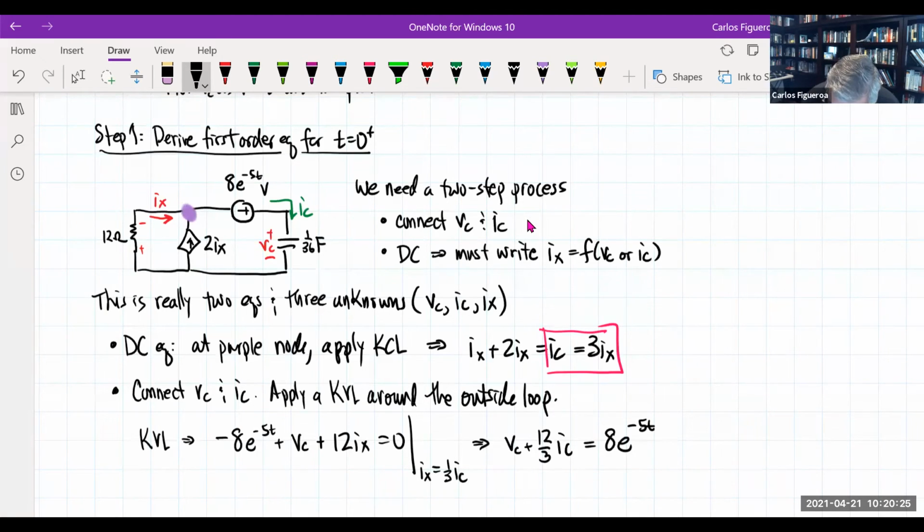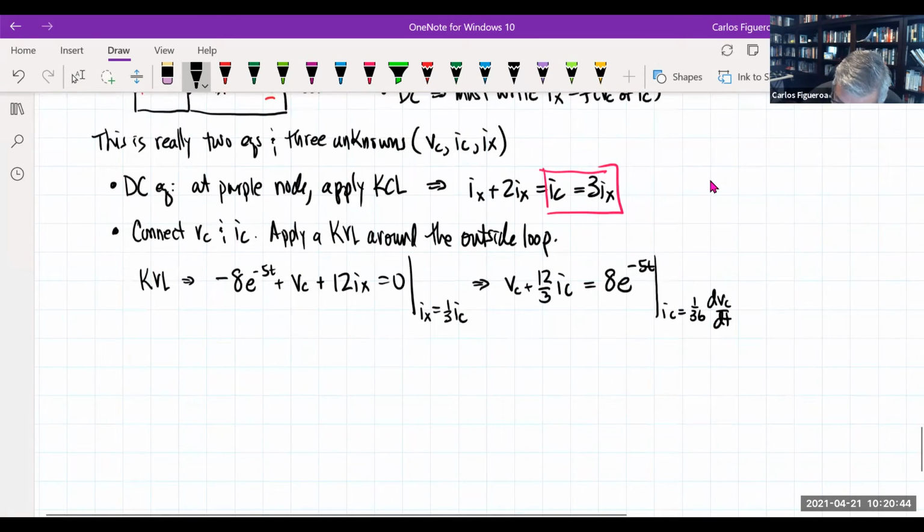Now I got them connected, and now I got to come in and use my capacitor equation. So IC should be the cap value, which is 1/36, times dVC/dt. So now I got to plug that in. If I plug this in, I'm going to get 12/3 times 1/36 dV/dt plus VC, and that's going to be 8e to the minus 5t.